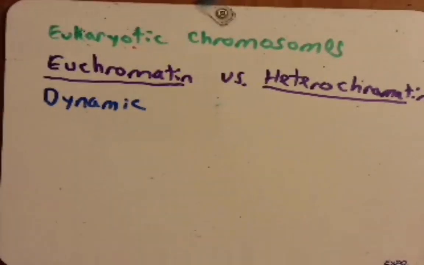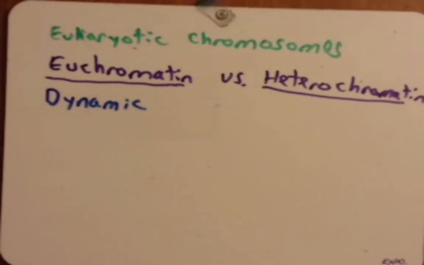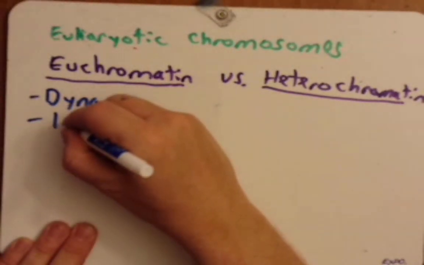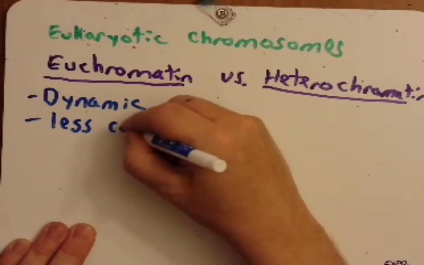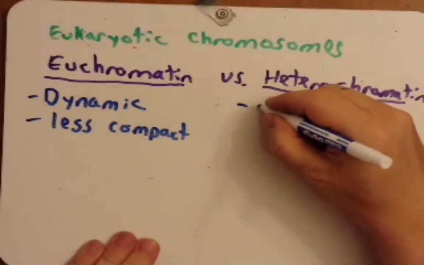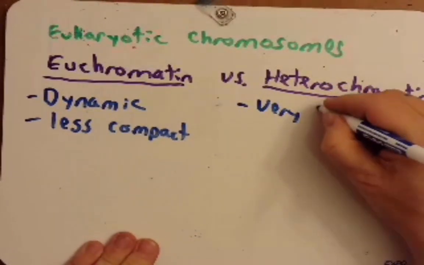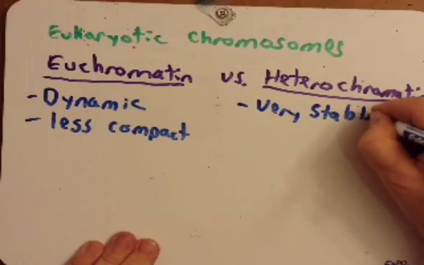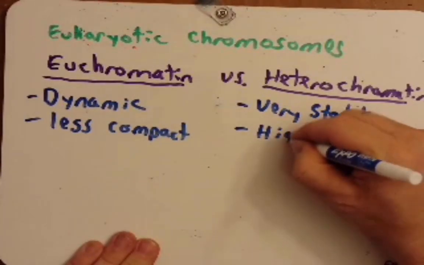Most of a eukaryotic chromosome is going to be euchromatin for most of the time. Euchromatin is less compacted. Heterochromatin, we would say, is very stable and highly compacted.